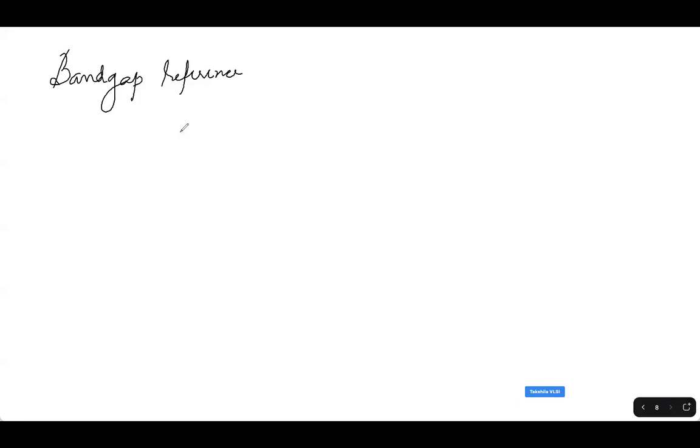Their characteristics are almost always fixed. What is this particular device that I'm talking about? Let's say you have some characteristic of a device which has a very fixed behavior, something like this.